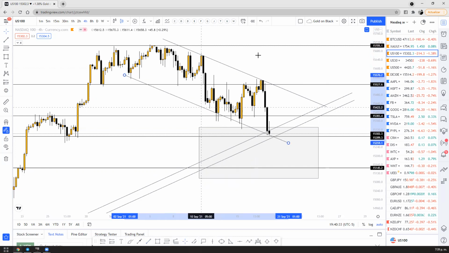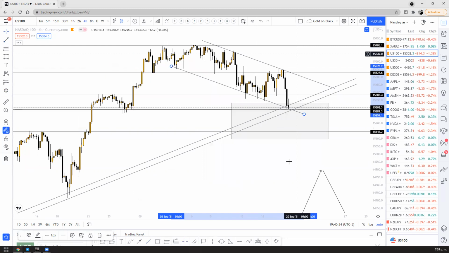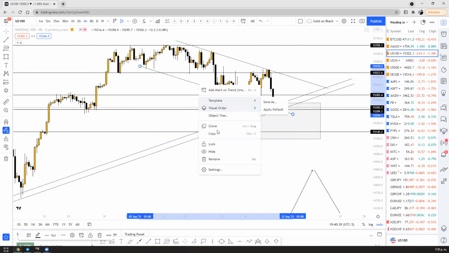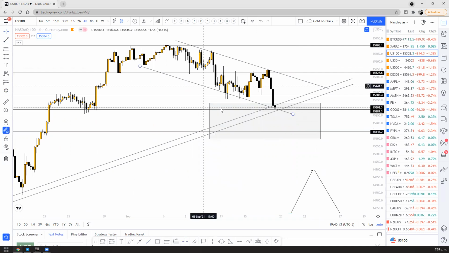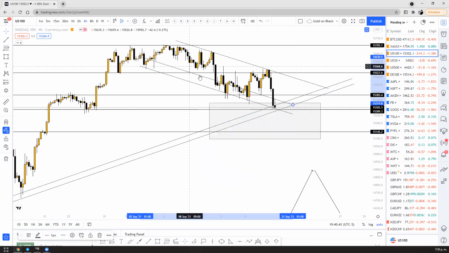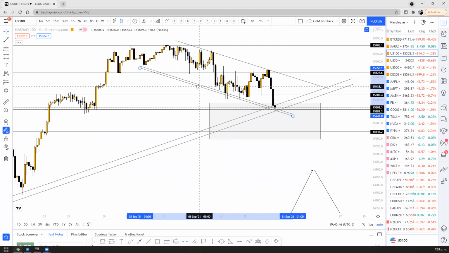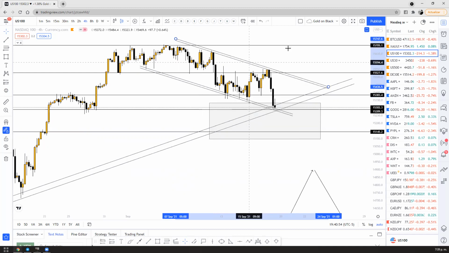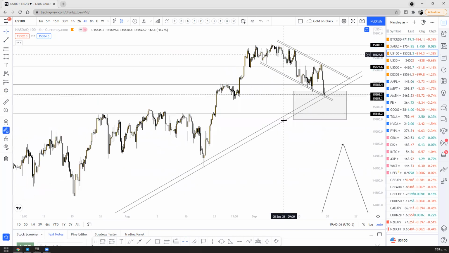So, all right, you got yourself a nice flag right there. That is a really nice flag. One second. Clone it. Okay, so put it below. All right, there we go.